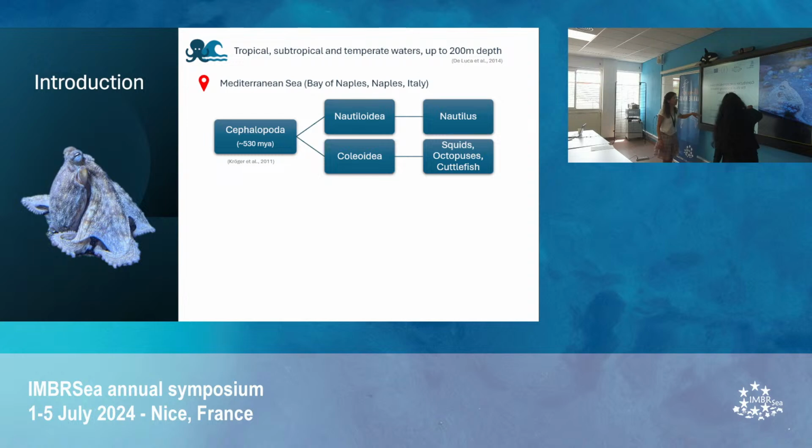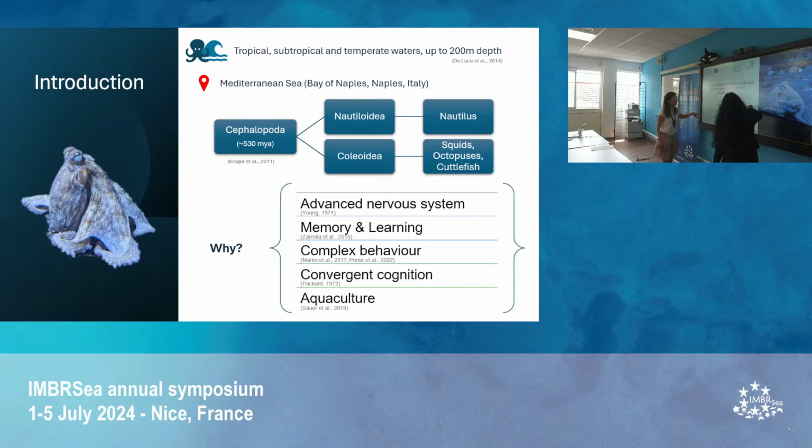But why do we need to study the octopus? Because they possess around 500 million neurons, rivaling that of the vertebrates, and their nervous system is advanced, with neurons capable of learning and memory, which further allows the octopus to express a variety of behaviors.